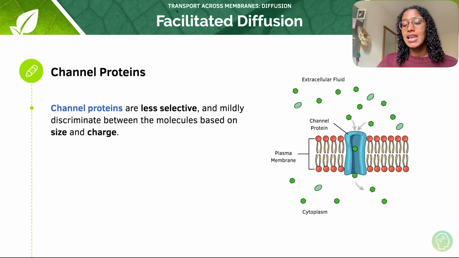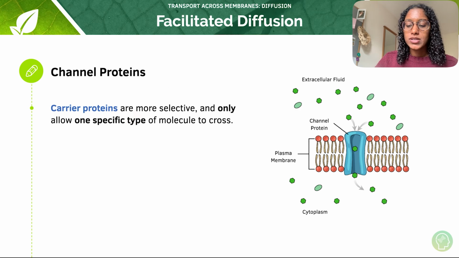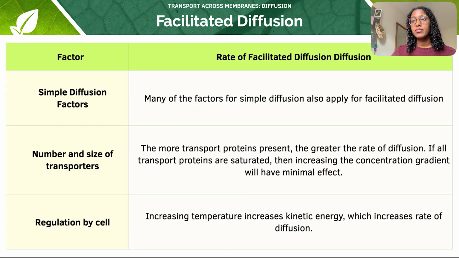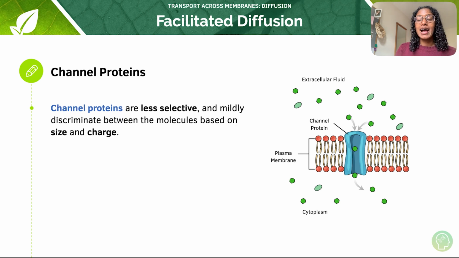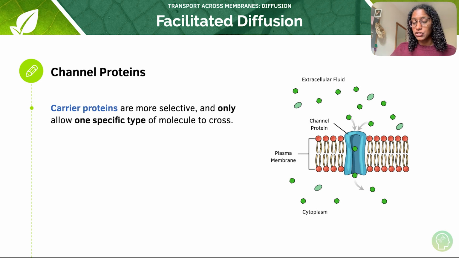Channel proteins are less selective and only mildly discriminate between molecules based on size and charge. Carrier proteins are more selective than channel proteins and only allow one specific type of molecule to cross. Okay, so let's just recap that. We have our channel proteins and our carrier proteins that are allowing for facilitated diffusion.